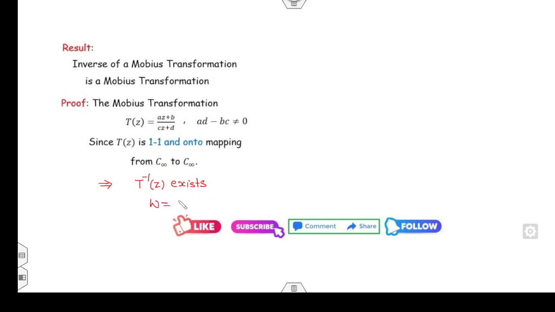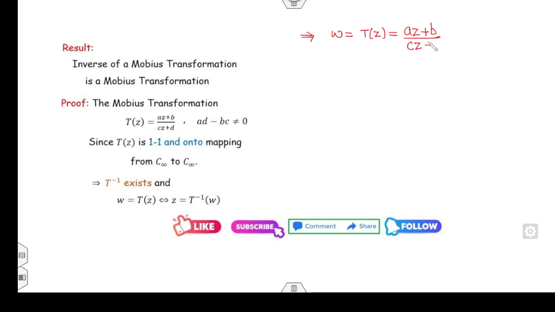If I take W equal to T of Z, the inverse exists if and only if T inverse of W is Z. So I can start from the given expression: W is equal to T of Z, and T of Z is (AZ + B) over (CZ + D). Now, because this is an if and only if result, you can multiply them.